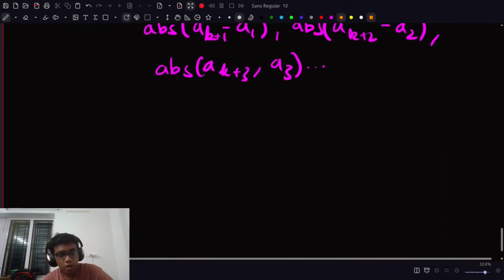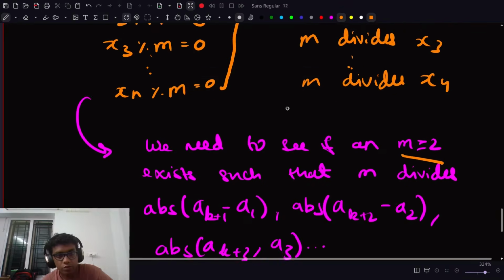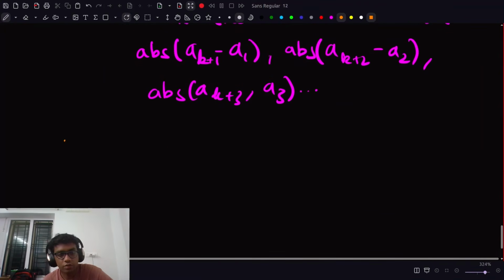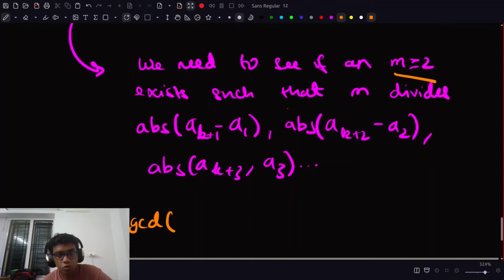So how do we find this largest m? Well, we simply need a number m which divides a bunch of numbers, right? So we can say that m equals the GCD. GCD means greatest common divisor. So for all these numbers, whatever divisor we have, we're going to take the greatest one, and we're going to check if that's greater than or equal to 2 or not.